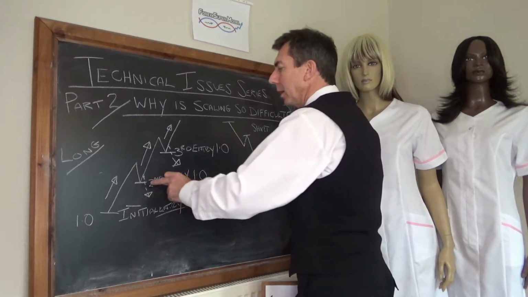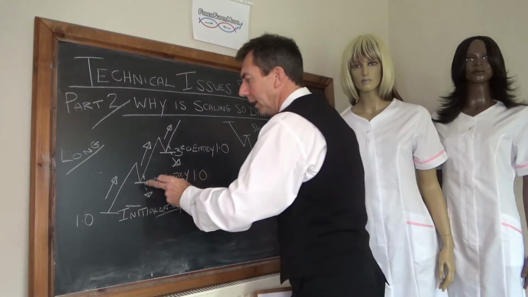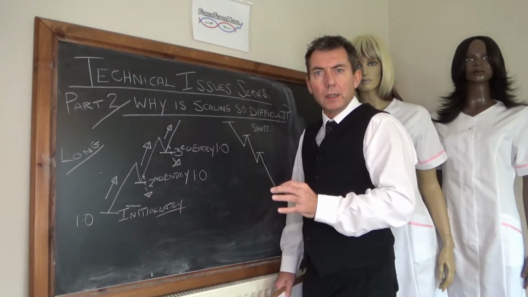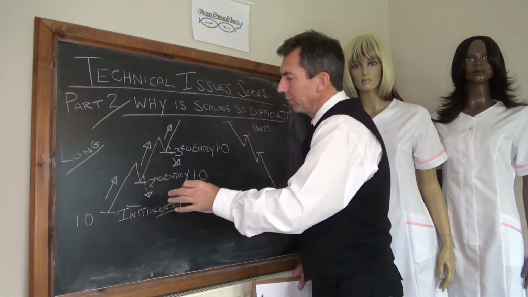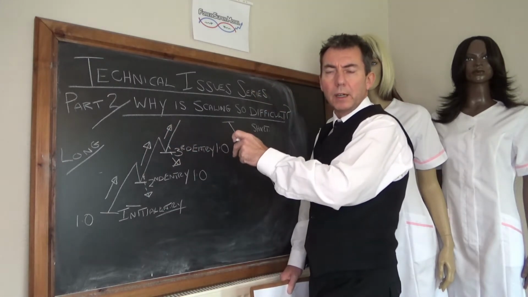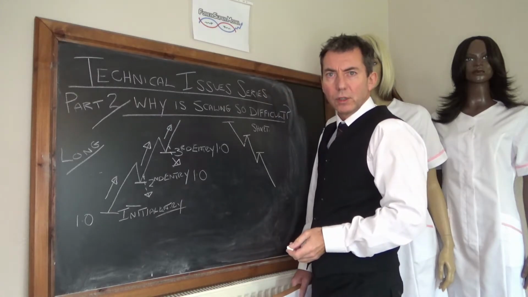But your scaling trades are unlikely to have exactly the same reasons for going in. The scaling reasons are going to be probably inferior to the initial entry for most traders.